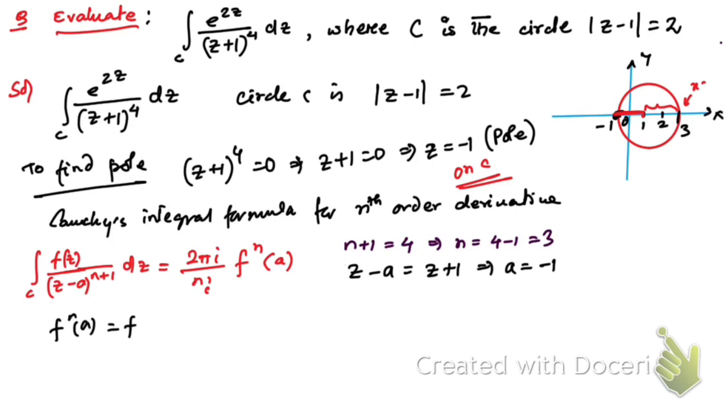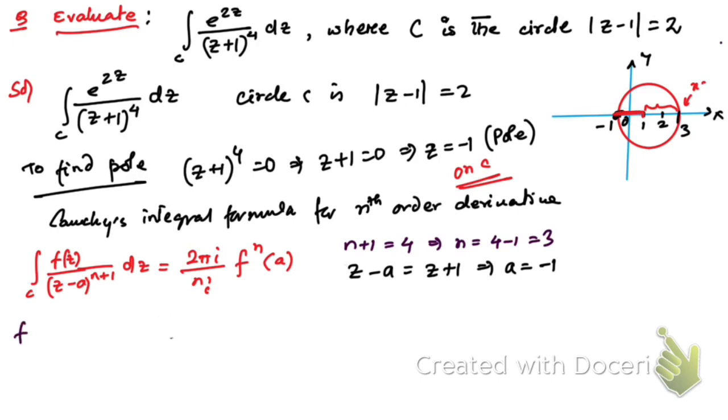Here n is 3, so the third order derivative at a, what is the a? That is minus 1, right? So how to find it? First let us find the first order derivative. Let us find f dash of z first. So what is f dash of z here? Just let me write here.